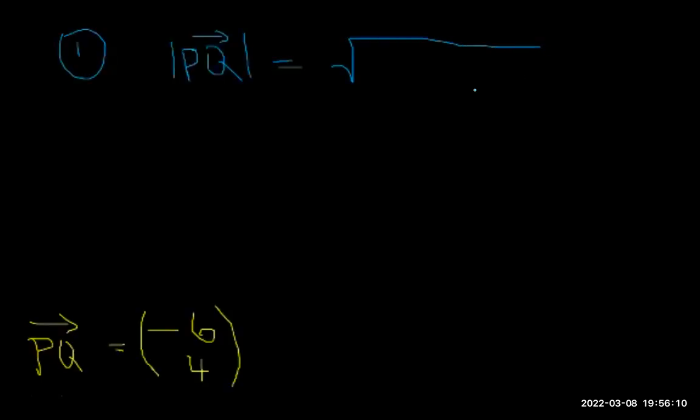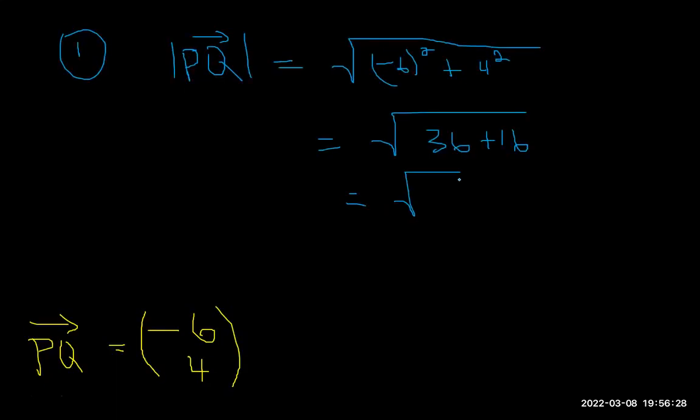So that would be the square root of minus 6 squared plus 4 squared, which would be equal to 36 plus 16. Everybody good with how I found the magnitude of this? Square root of 52?